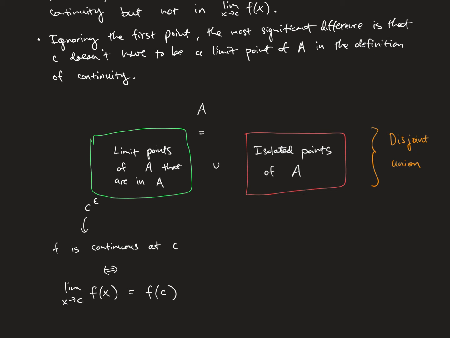But if you have a point C, which is an isolated point here, that's different because it doesn't even make sense to talk about the limit as x approaches C. So the limit as x approaches C of f of x is not defined, so it doesn't even make sense.